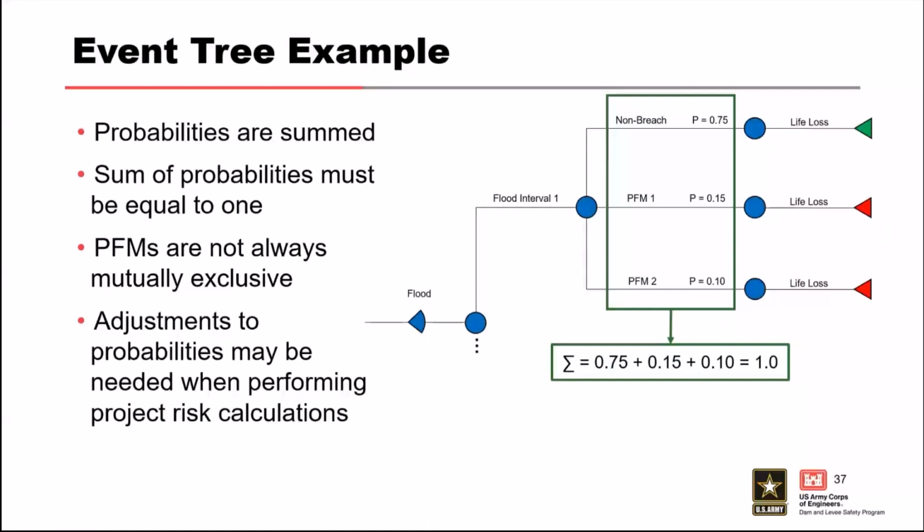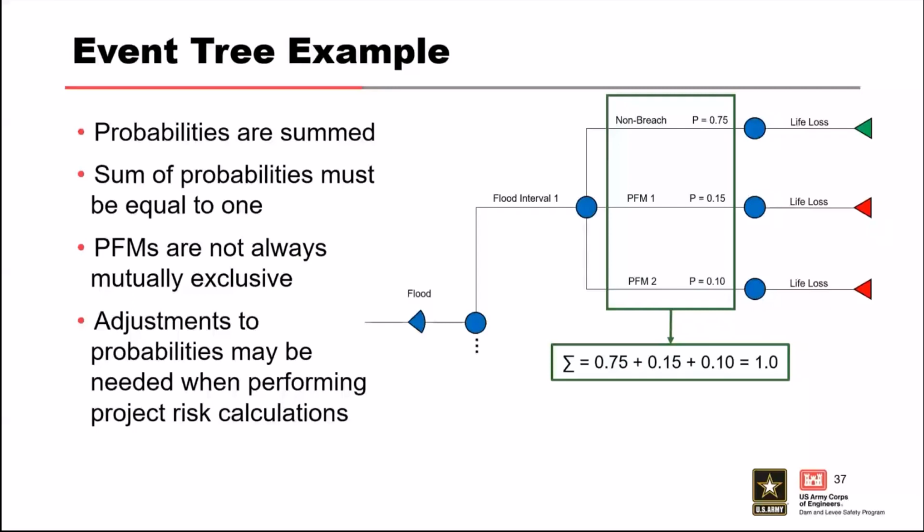This is meant to be a simplified example of these concepts, but the potential failure modes that originate from a given chance node are not always mutually exclusive. There may be overlap between PFMs such that summing them together would result in a sum of probabilities that's greater than 1.